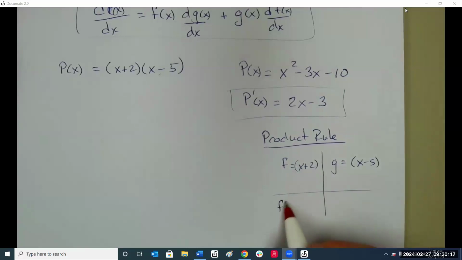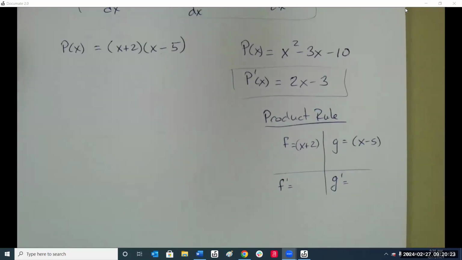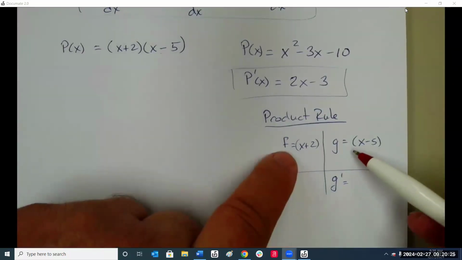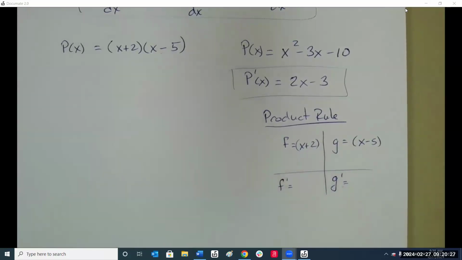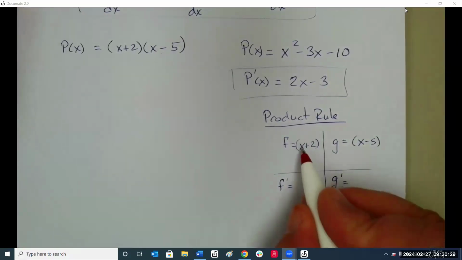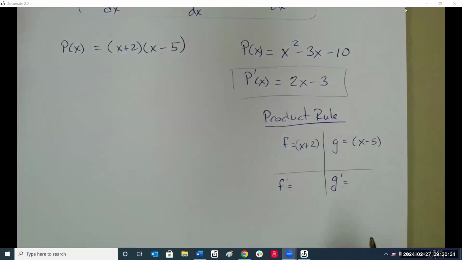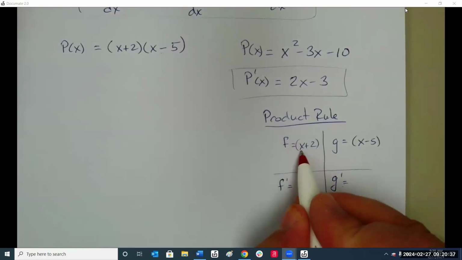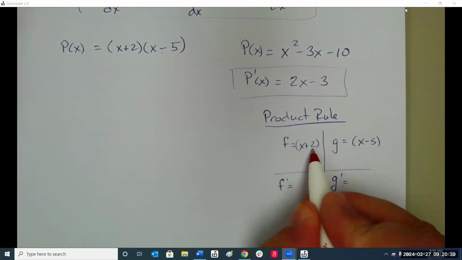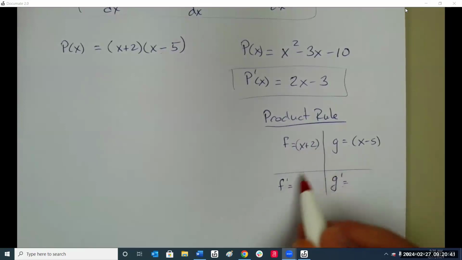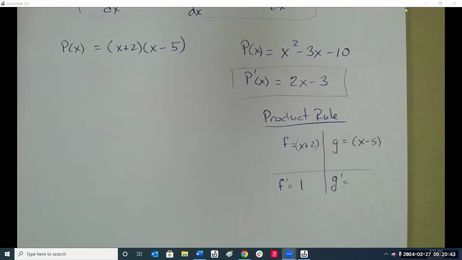Below there, take the derivatives. So you have the f and g derivatives, f prime and g prime. What's the derivative of f? What's the derivative of x? What's the derivative of 2? So it's just 1. Same thing here.